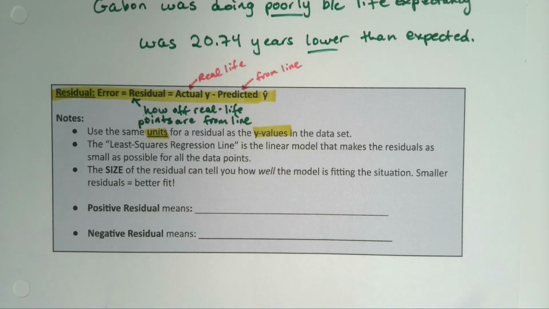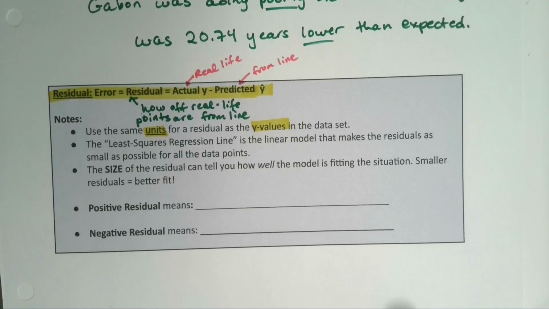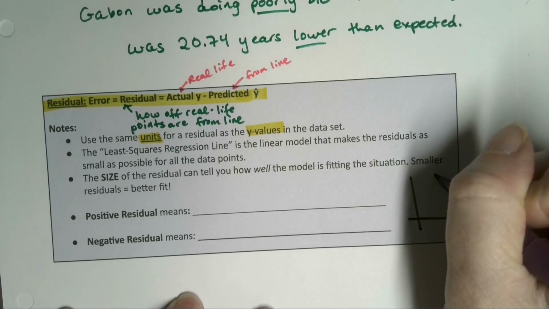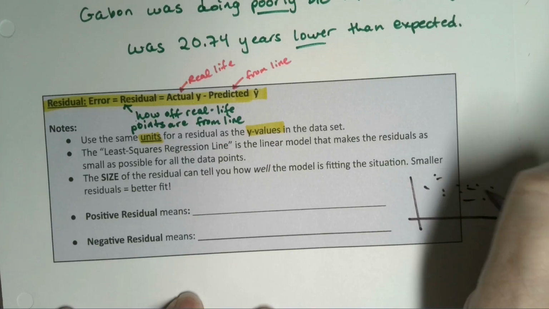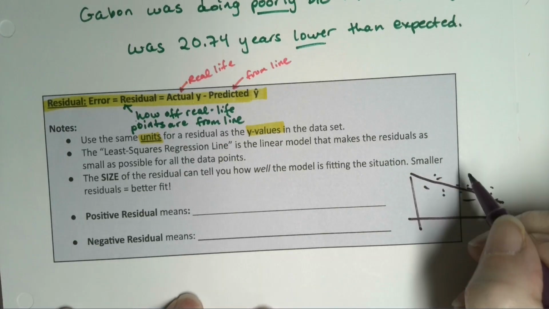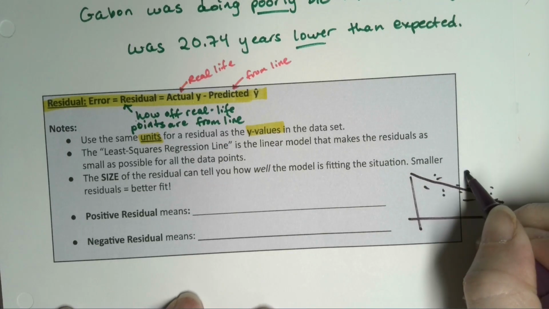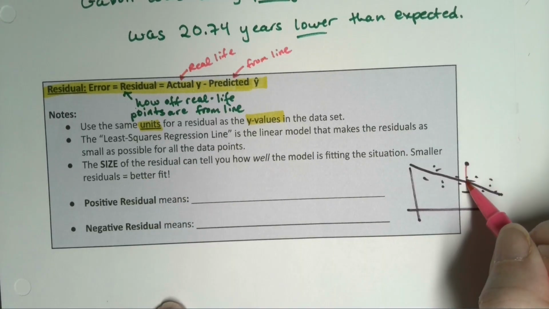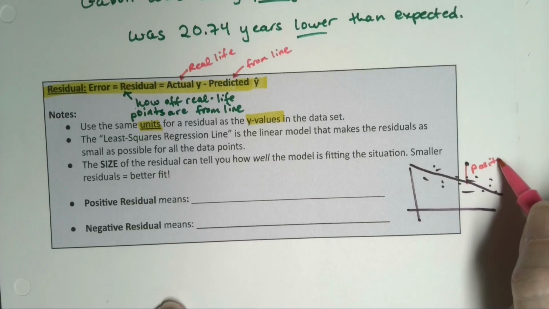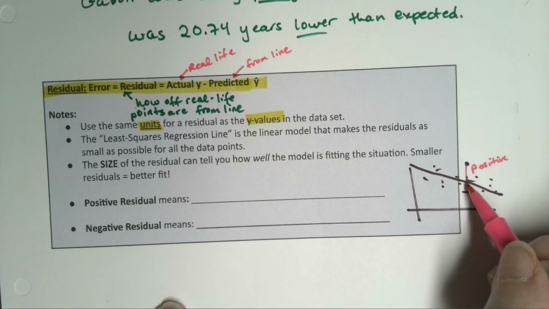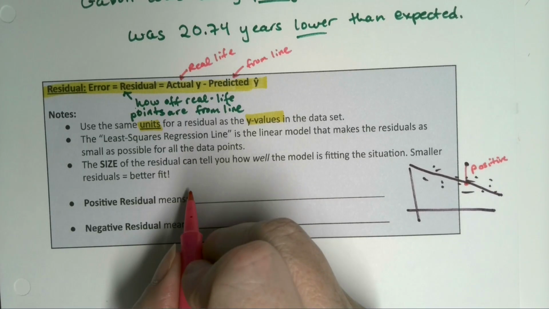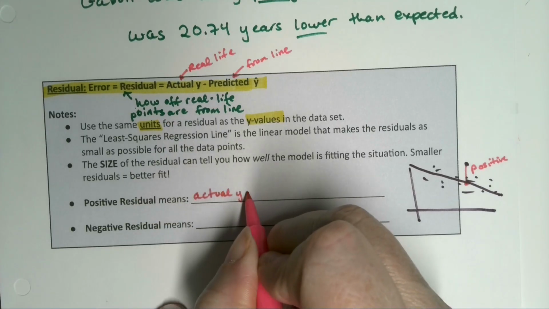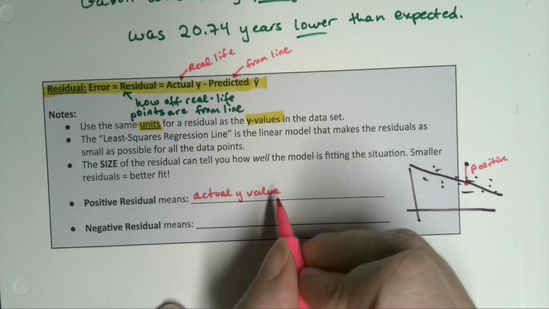So what does it mean if you have a positive residual versus a negative residual? Let me draw a quick sketch of what we have on the first page. So you have a line here. A positive residual would mean the value is higher than expected, right? The real life was higher than the prediction. And that could be a good or a bad thing, right? So the actual y value is above the line.